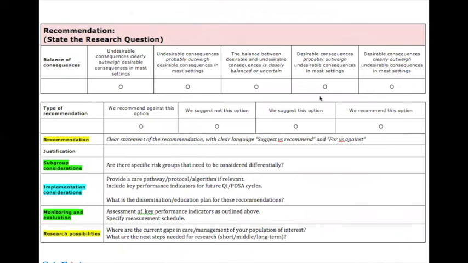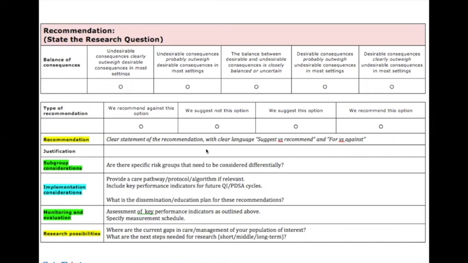Your overall judgment of the entire group of 12, you would put across these 5 domains and you pick one box. The type of recommendation is going to be a strong recommendation against, a weak recommendation or suggestion against, a weak suggestion or conditional recommendation for the intervention, or a strong recommendation for the intervention, whatever it is your group is looking at. So suggest, recommend, for, and against.